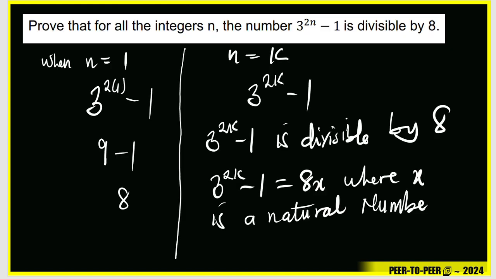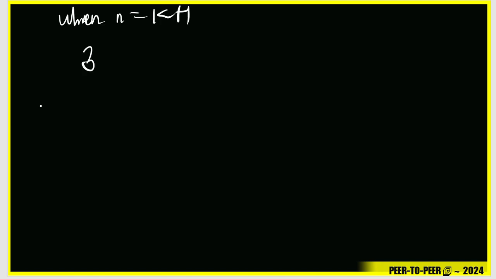Now let's go to the k plus 1 case. When n is equal to k plus 1, that's going to be 3 raised to the power. Let's look at the expression 2n minus 1. So that will give us 2 into bracket k plus 1 minus 1, which is just 3 raised to the power 2k plus 2 minus 1.